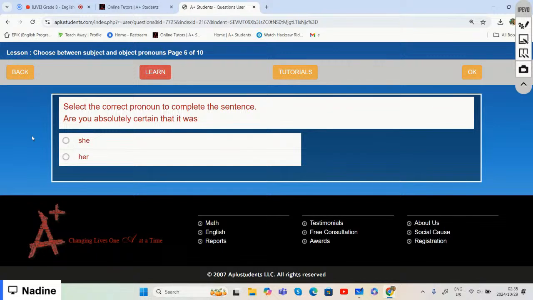All right. So we need to choose the best pronoun. So are you absolutely certain it was she or are you absolutely certain it was her? Which one is correct?